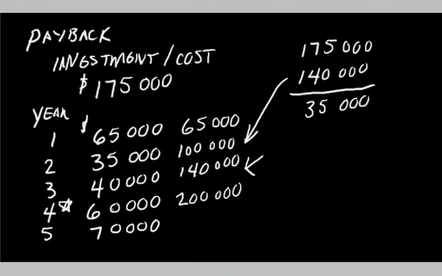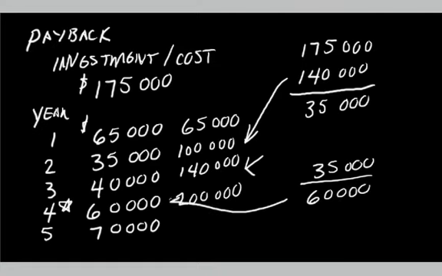So what we're going to do is take our $35,000 and divide by 60,000, 60,000 being the amount that came in year 4.